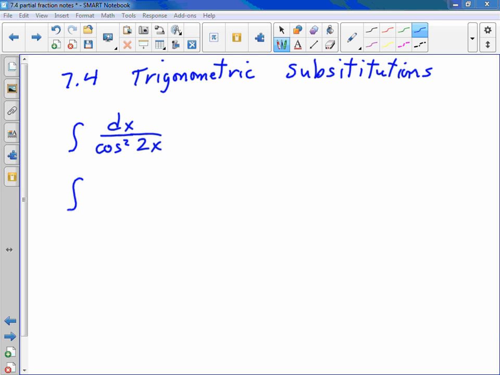Well, you could write this as 1 over cosine 2x squared, could you not? dx. Is that okay, Mo? Yeah. And then, what could we write this further as? Something we know and love.